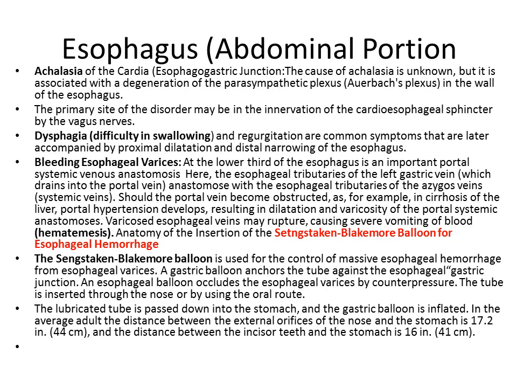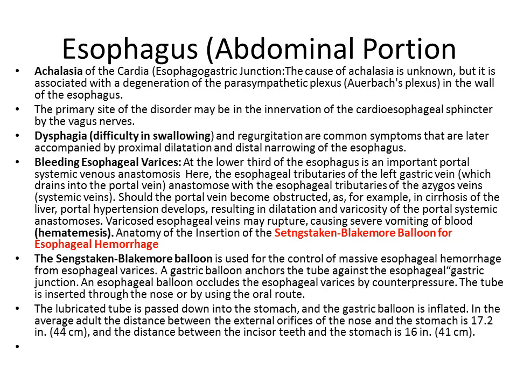Another problem is bleeding esophageal varices. At the lower third of the esophagus is an important portal-systemic venous anastomosis, where the esophageal tributaries of the left gastric vein, which drains into the portal vein, anastomose with the esophageal tributaries of the azygos vein, which are systemic veins.